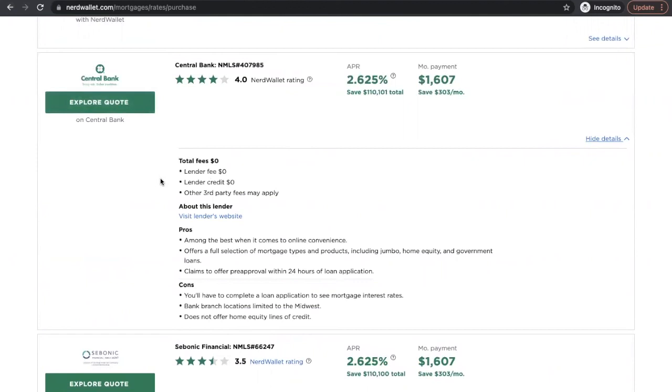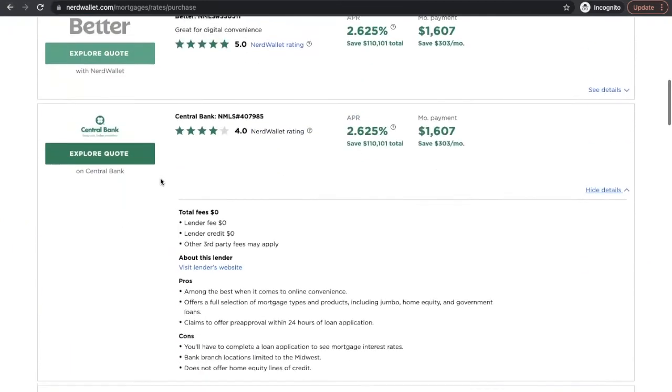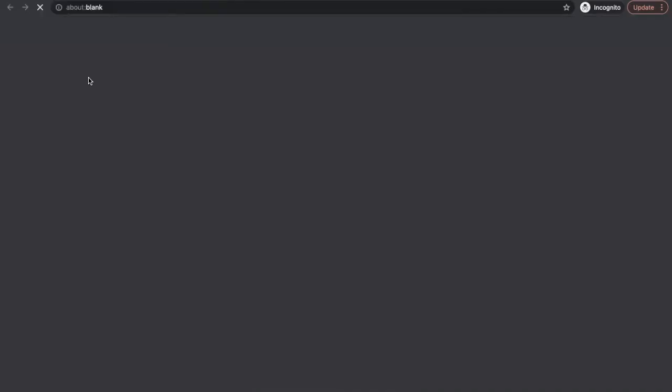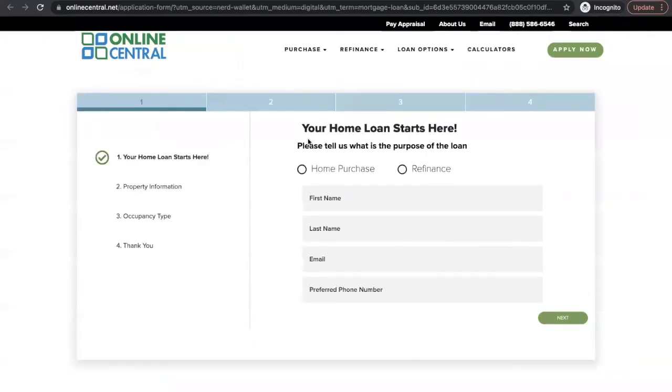From what we understand, NerdWallet leads are pretty high quality. Some of the time, the experience on the rate table is driving people to the lender's website. So if we clicked on Explore Quote, you will then go to a page that looks like here.